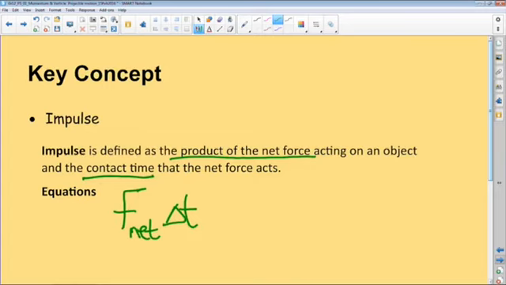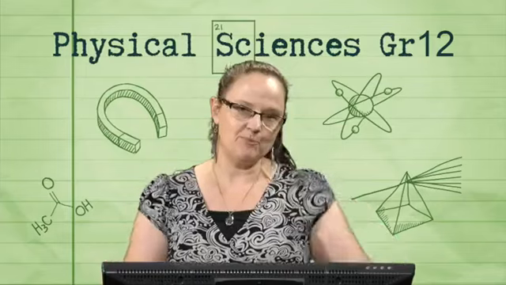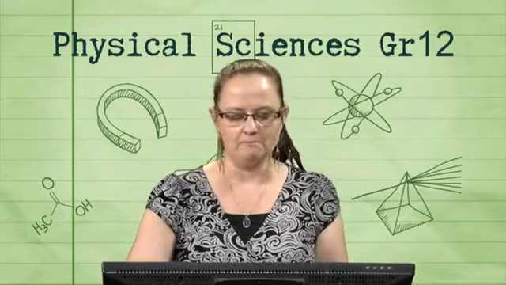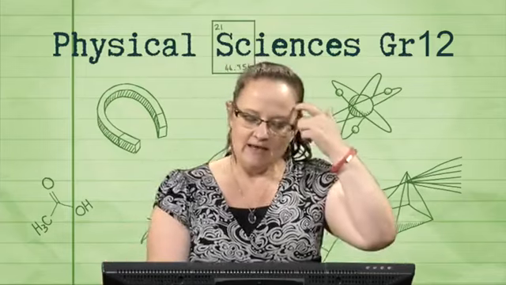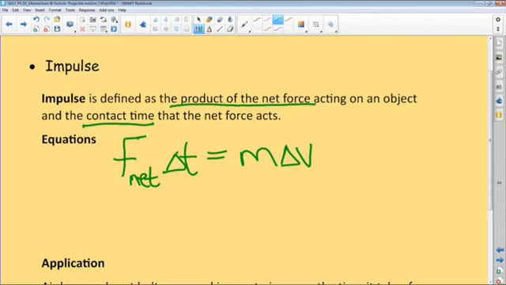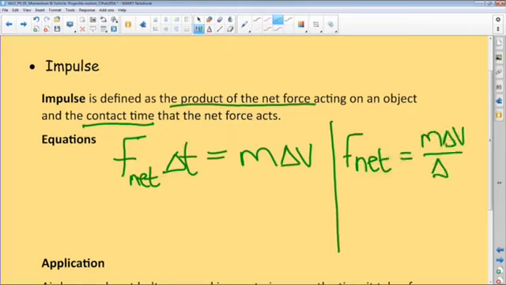But where do we get impulse? Well, impulse is actually equal to change in momentum. It's a very important concept. Impulse is equal to change in momentum. And if I just rewrite here, F net equals m delta v over delta t, Newton's second law in terms of momentum.